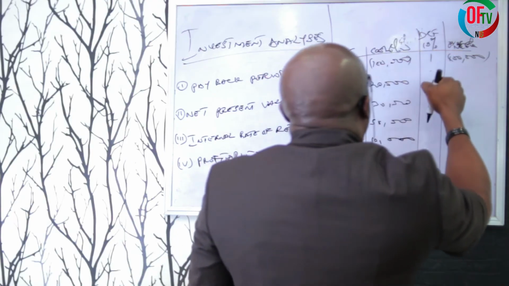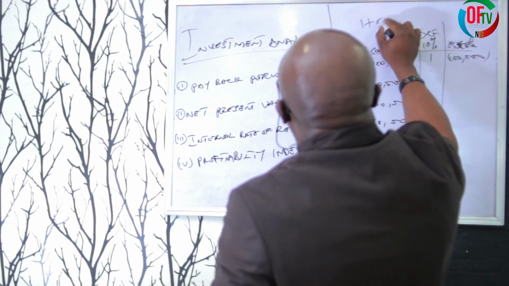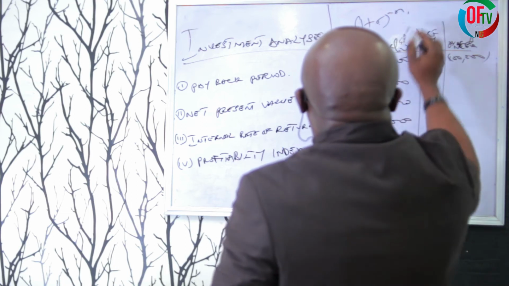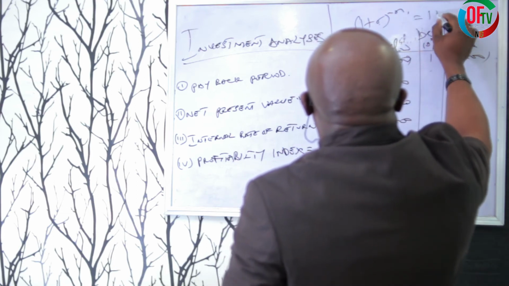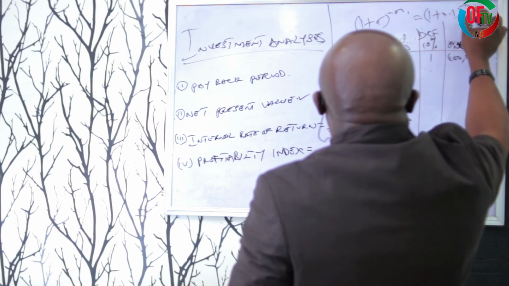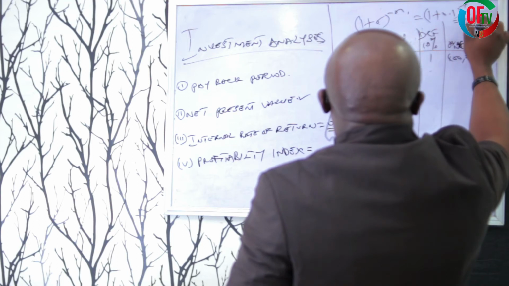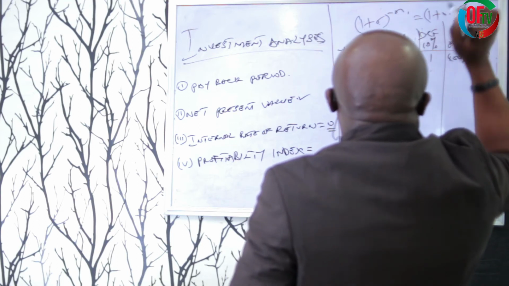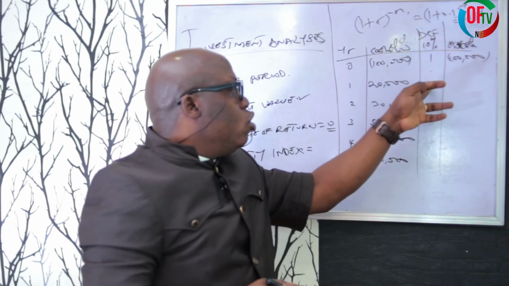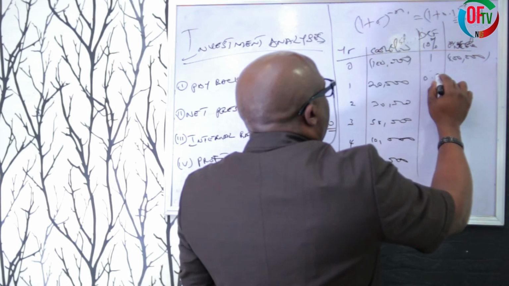Now the discounting cash flow has a formula, which is 1 plus R to the power of minus N. This R is the interest. So let me analyze it again. We have 1 plus 0.1 to the power of minus N, where N is the number of years. So if you are doing year 1, you just put minus 1 here. That will now be 1.1 to the power of minus 1. In getting the value to multiply with this, I believe it's going to be 0.9.